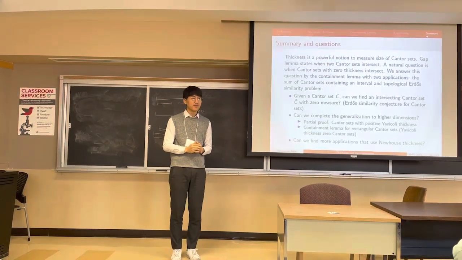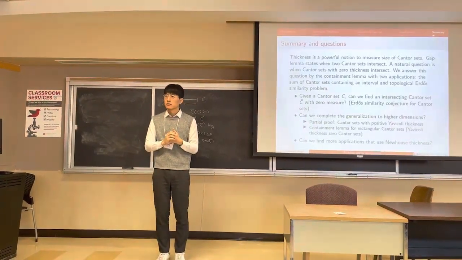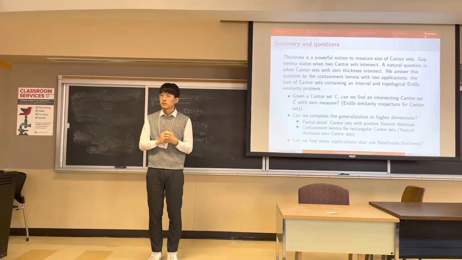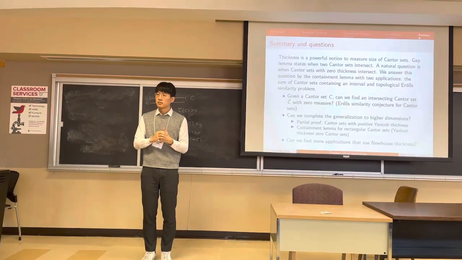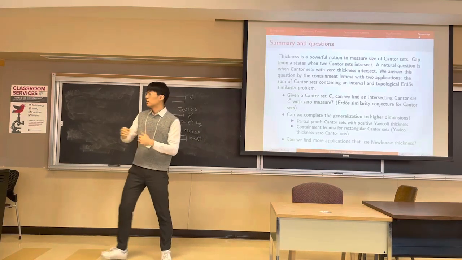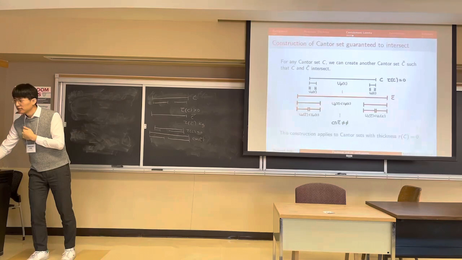Maybe I need to read the slide more carefully, but you had this intersection for your containment lemma. Is it an open condition? Like, can you get an interval? Yes.